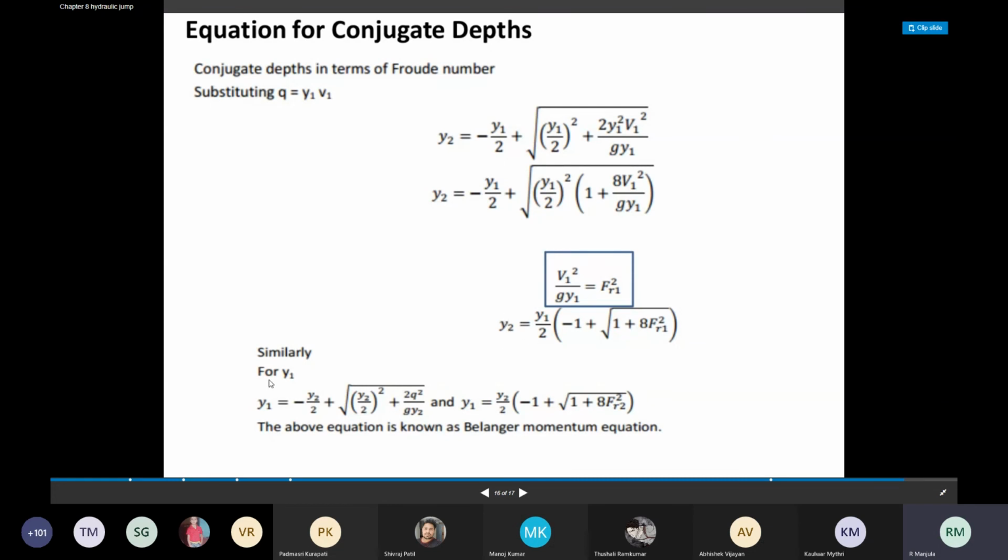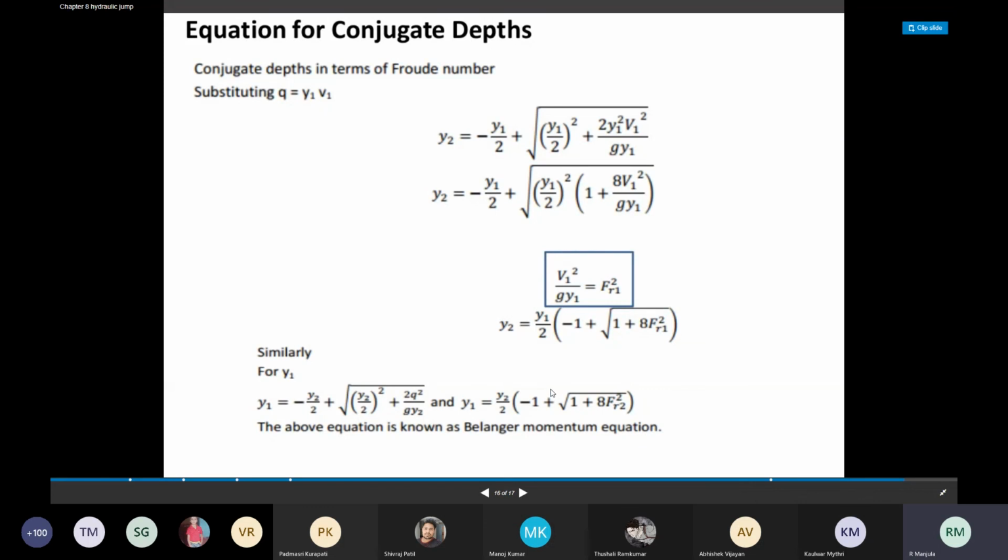Similarly, y1 is equal to minus y2 by 2 plus the square root of y2 square by 4 plus 2 q square by g y2. Similarly, you can write y1 in terms of y2. So if I know y1, I will be able to write it in terms of y2, and this equation is known as the Belanger momentum equation.